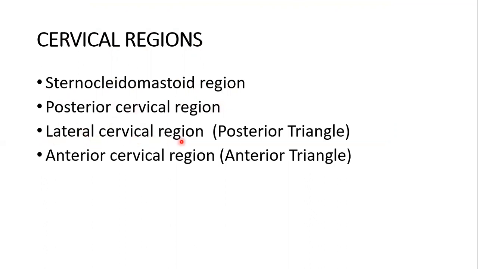And then the lateral cervical region, which is in fact the posterior triangle. Today I am focusing on this posterior triangle. And then the anterior cervical region, which is the anterior triangle.